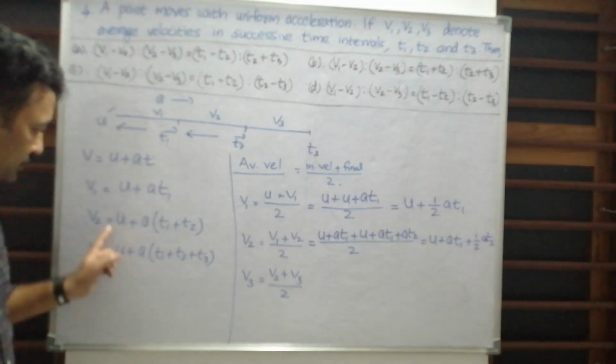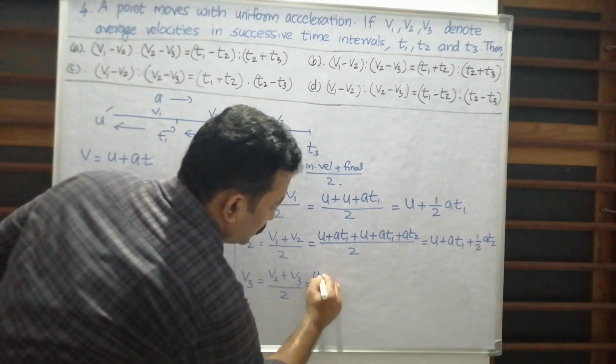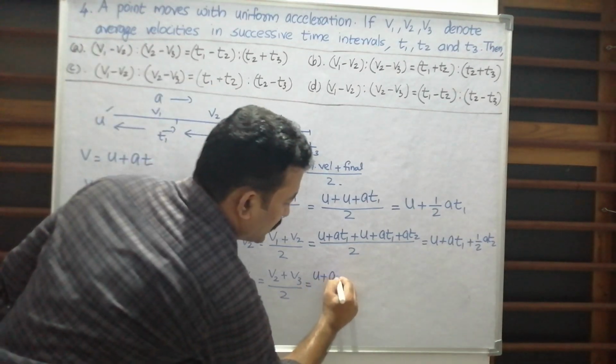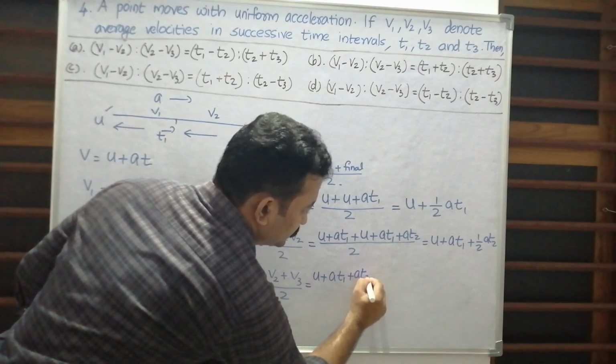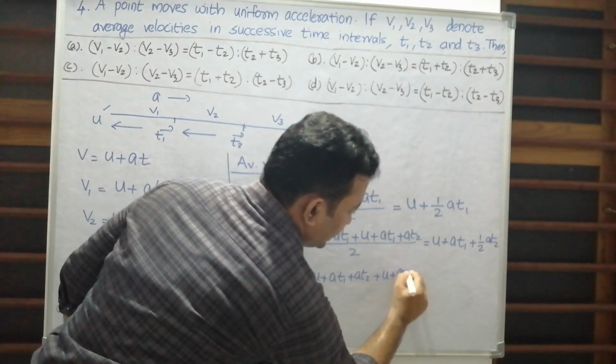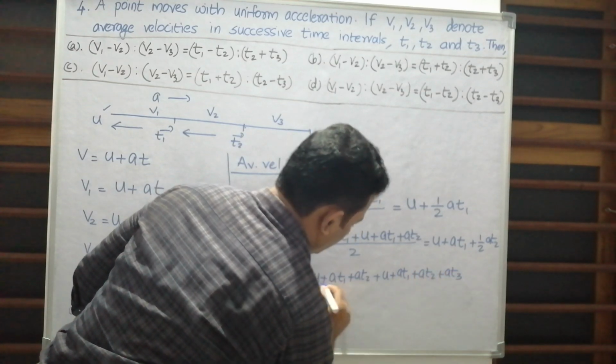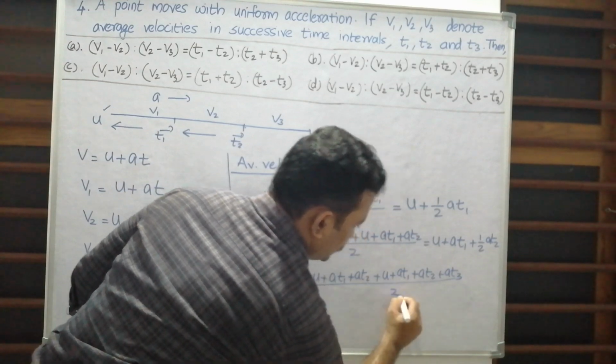Proceed to the third one. What is it? v2 plus v3 by 2. Substitute u plus at1 plus at2 and u plus at1 plus at2 plus at3, whole divided by 2.